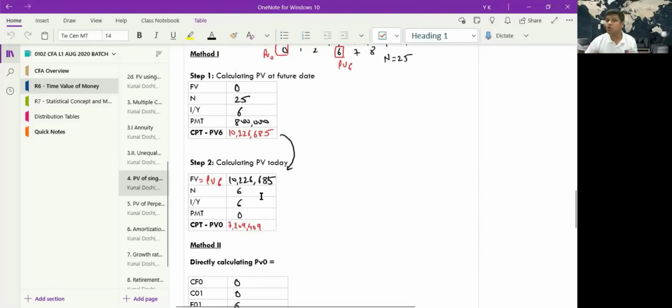So the reason I'm showing you both methods, including the lengthy one, is that there are questions in CFA Institute where they ask you not just PV0, they ask you both. So you may have to go through the lengthy process also. Got it, everyone? Why did I show both methods? If they ask you directly for the present value today, you don't have to do the longer first method. You directly jump to the cash flow function and do the easier one. Clear, everyone?